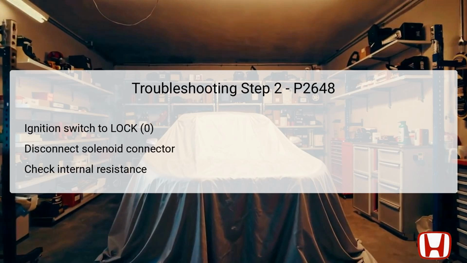Troubleshooting Step 2 requires the ignition switch to be turned to the lock position, or 0, to ensure safety while working with electrical components. The next step involves disconnecting the 2P connector associated with the rocker arm oil control solenoid. This disconnection is essential for safely conducting resistance checks without risking circuit damage.